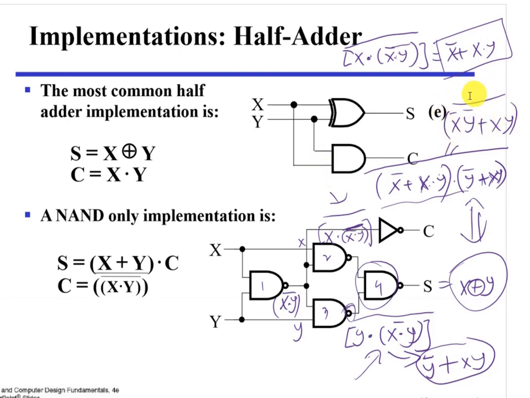So this is an XNOR operation, which is equal to x exclusive-OR y. And now we are left with C. The output of this first NAND gate goes to the output carry. So if we invert it, we get x and y.